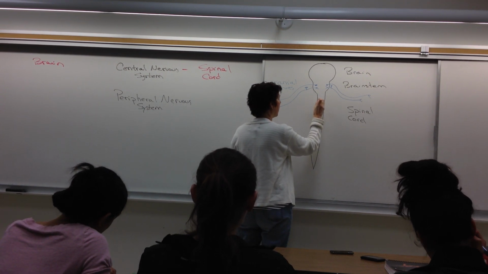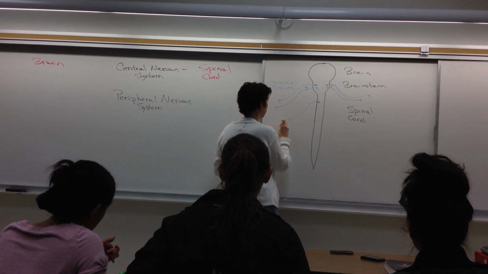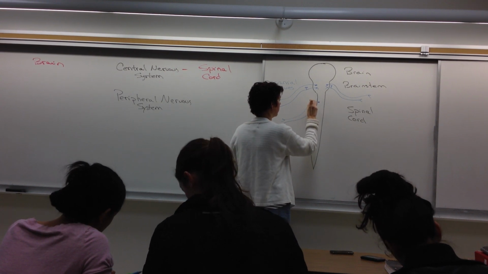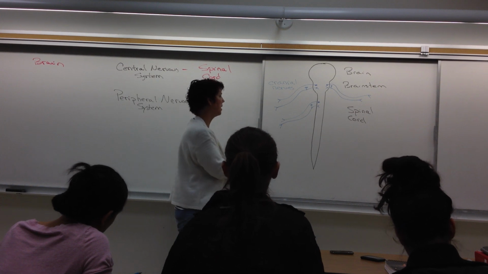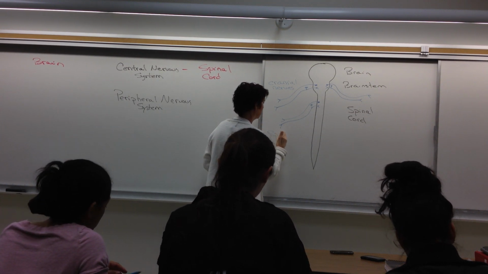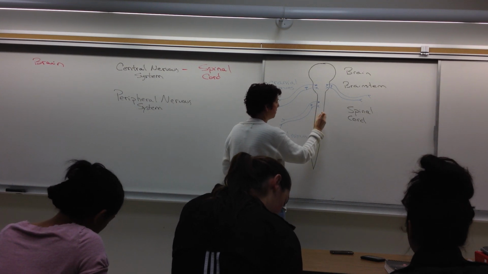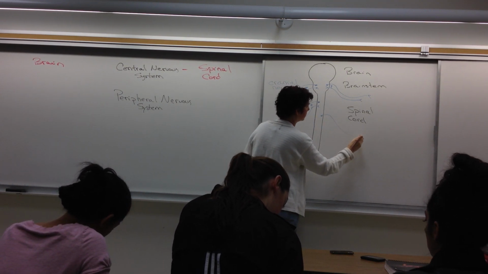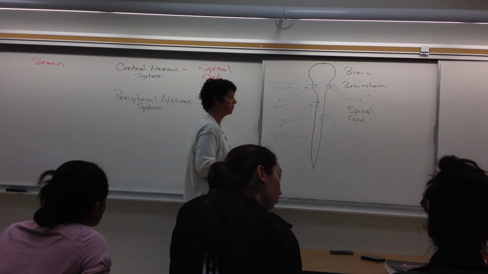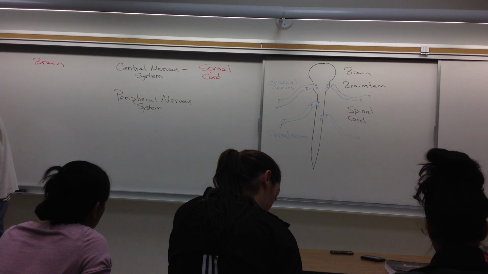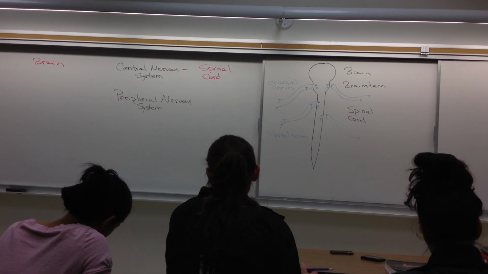Again, motor neurons whose cell bodies are in the spinal cord, and sensory neurons whose cell bodies are outside. These are going to be considered spinal nerves, and they would be on both sides of the body, obviously. So the cranial nerves and the spinal nerves comprise our peripheral nervous system.